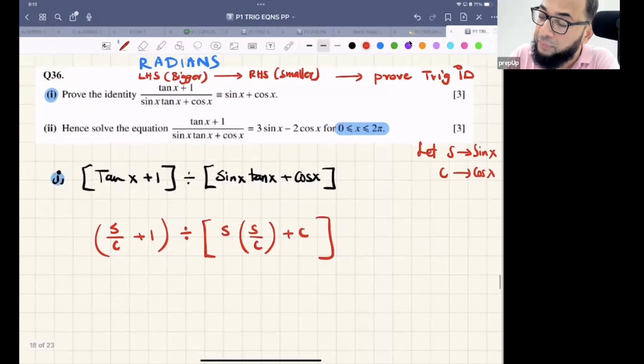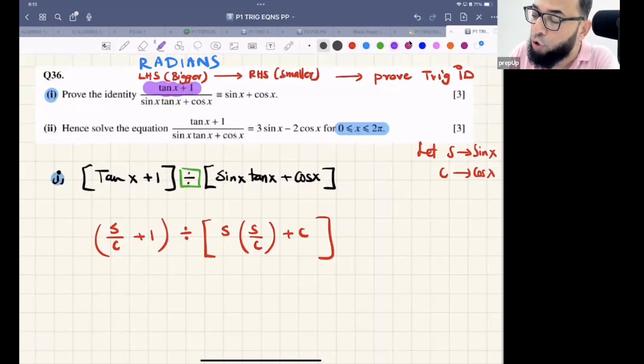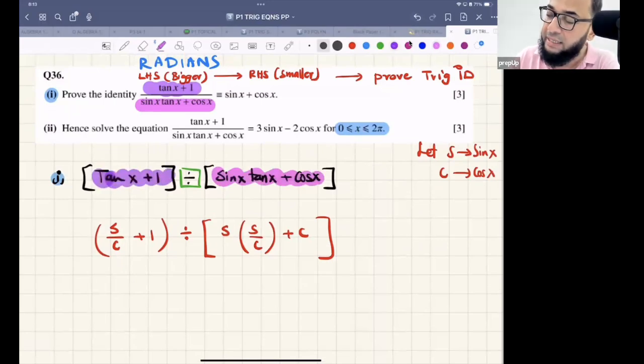And one other thing: when you have something in the numerator and something in the denominator, this is the numerator, that's right over here, and this is the denominator, which is right over here. So write it out separately. That will make life simpler.